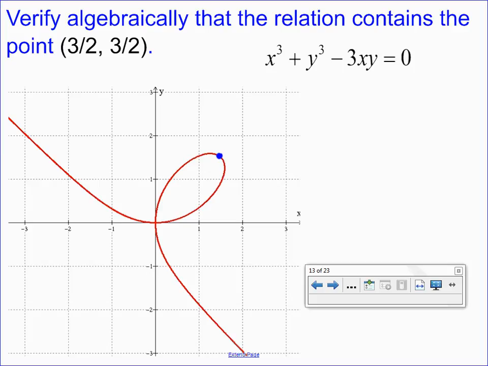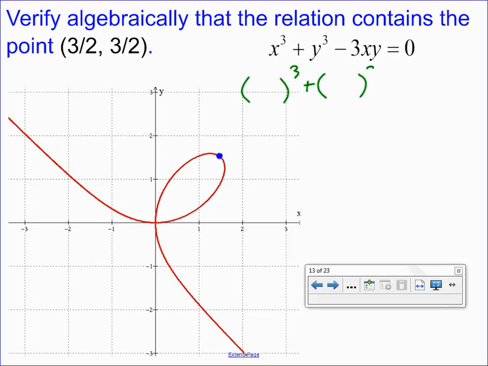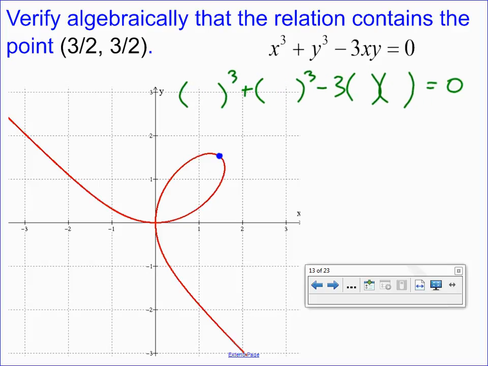So what can we do? Well, we can simply plug in the value. So we want 3 halves, 3 halves. So 3 halves cubed is what? 27 eighths. Plus 27 eighths.